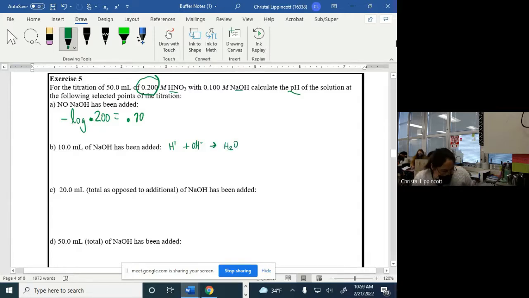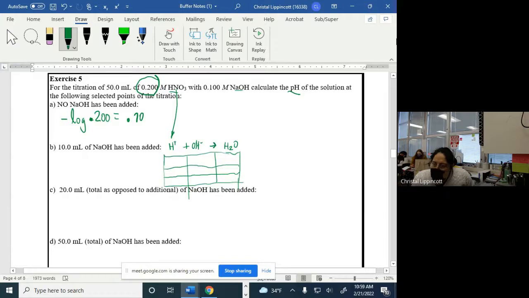It's a BCA table, and only moles go in the holes. We've got to get these into moles. So our H plus concentration, which is this guy right here, we need to get that into moles.